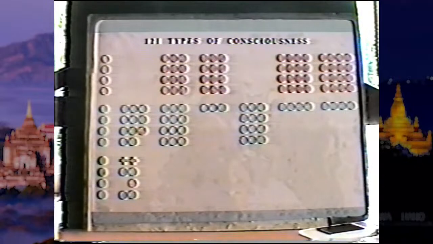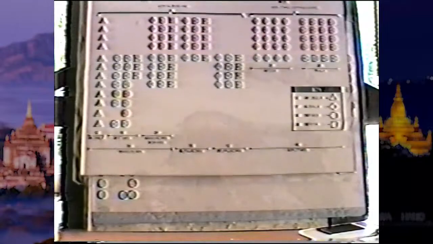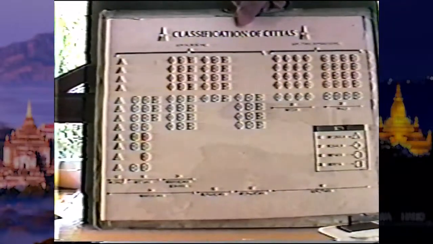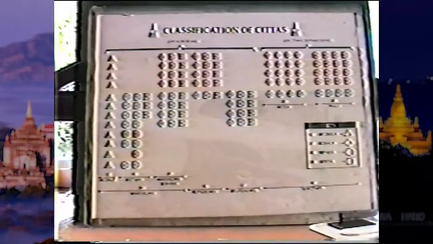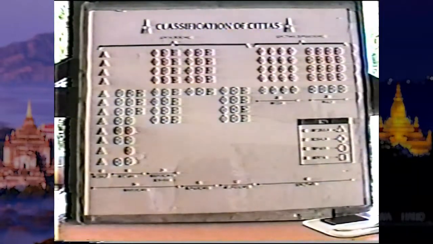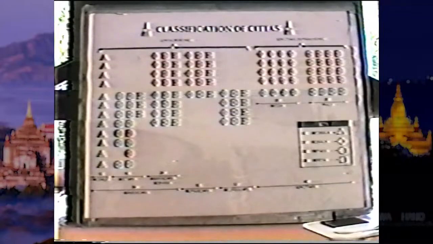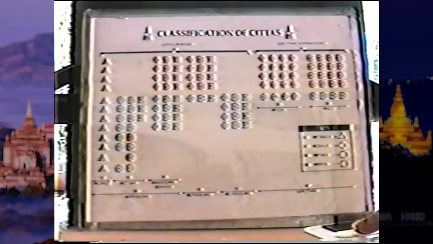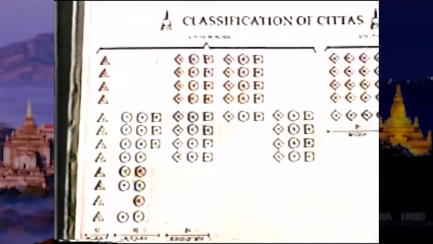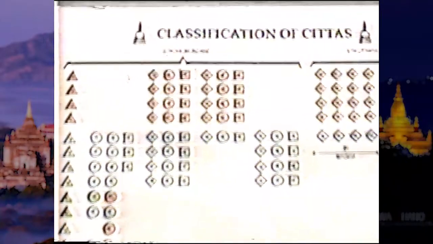Now first, consciousness is divided into lokiya cittas, there are 81, and lokuttara cittas, which are 8 or 40. Now, lokiya cittas mean mundane cittas. That means the types of consciousness belonging to the world of 5 aggregates of clinging.